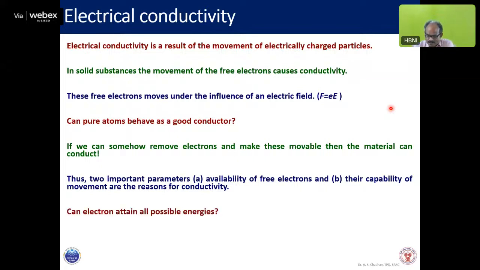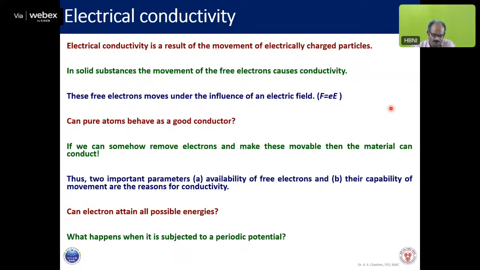Now the next question comes: if somehow you remove an electron, can an electron attain all possible energies? If it is a free electron, then obviously it can have all possible energies. But what happens when an electron is subjected to a periodic potential, like inside a crystal, where the atoms or ions are arranged in a periodic fashion?